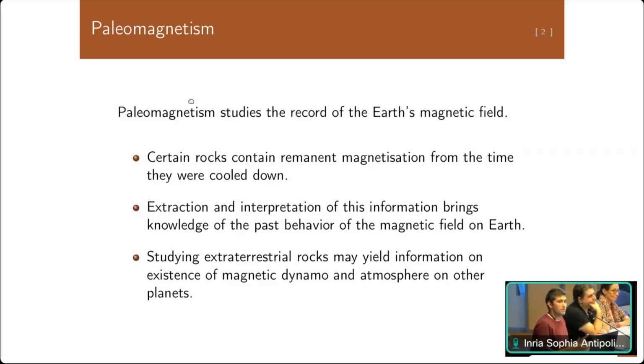So now they still act as a magnet, which has a specific polarity, and analyzing this magnetization gives a window into the past behavior of the exterior field on Earth or other planets. And so for geophysicists, that opens a lot of horizons.